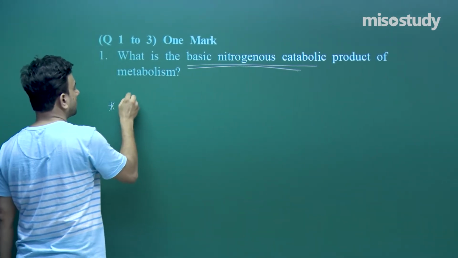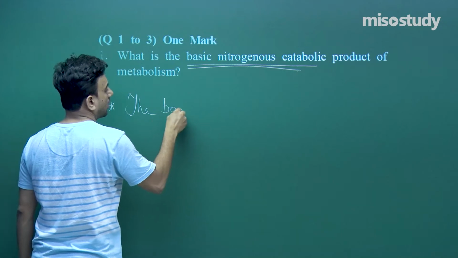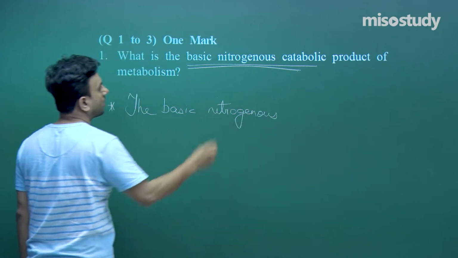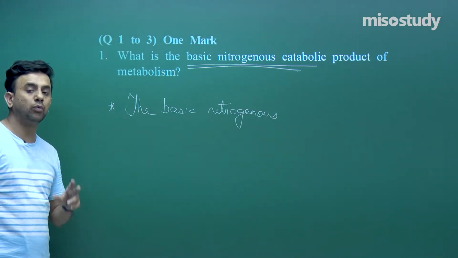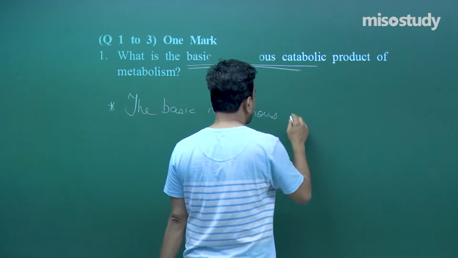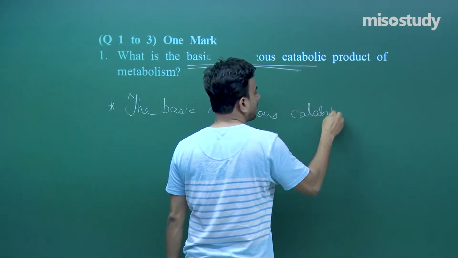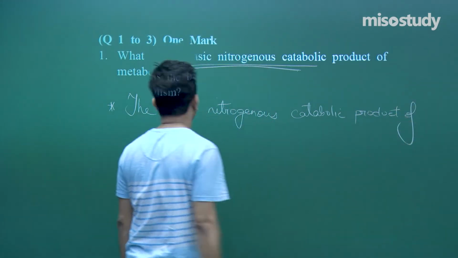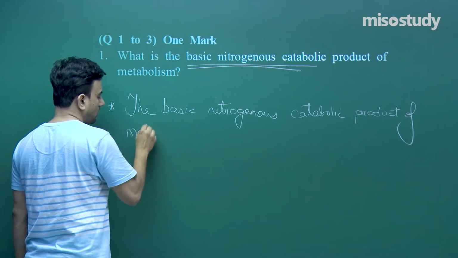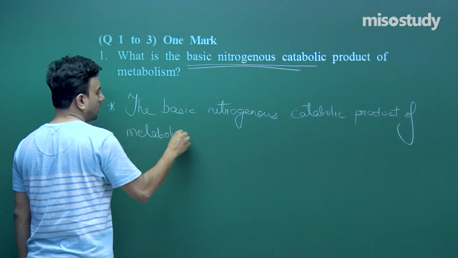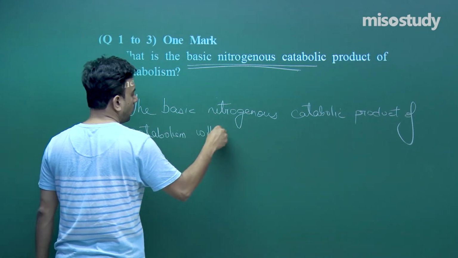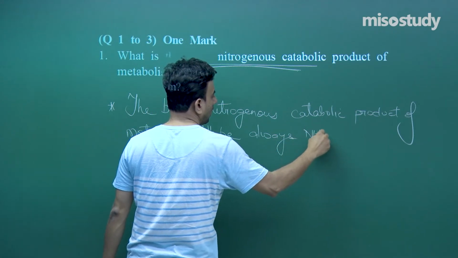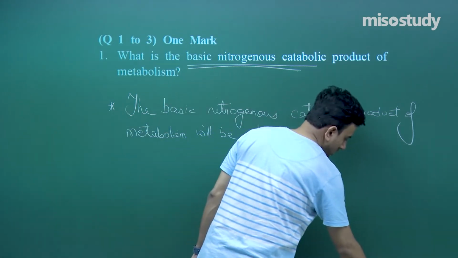The basic nitrogenous catabolic product of metabolism will always be ammonia, right?